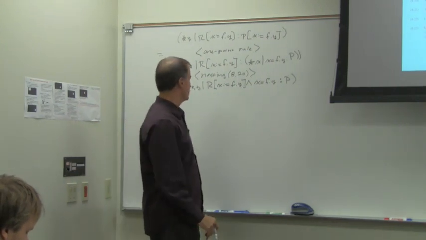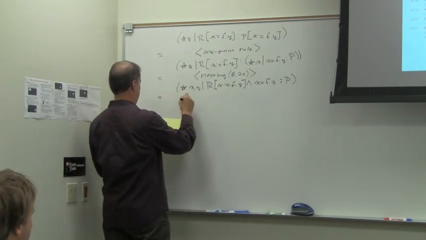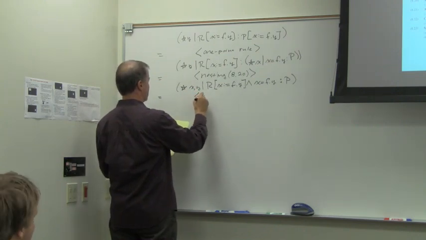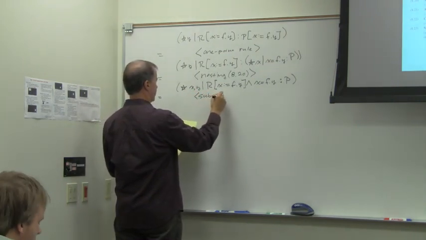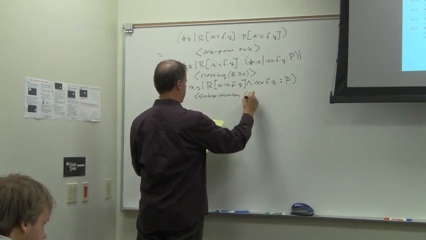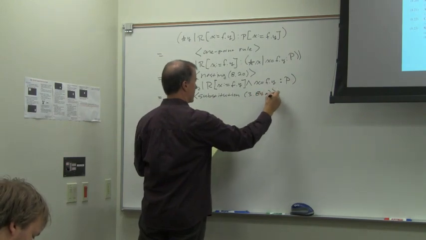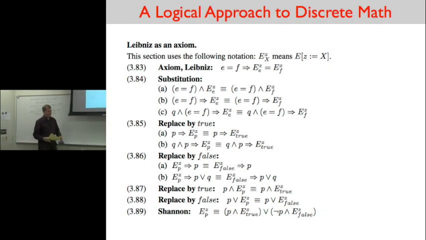Okay, Josh, you're up. So this equals, by substitution, 3.84a. Let's go all the way back to 3.84a.